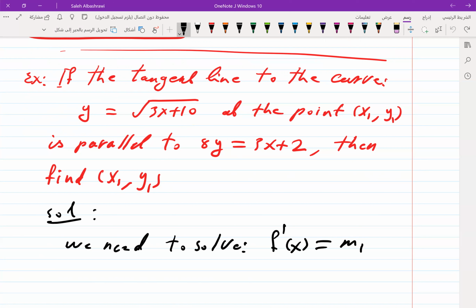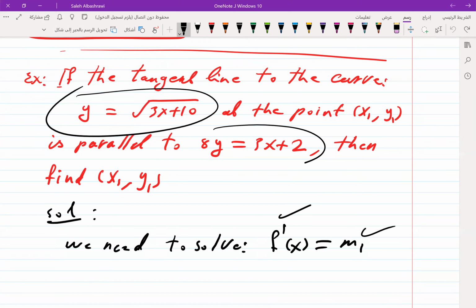So I have to find f prime from the first one and m1 from the line given there. This will give me m1 or m2 because they are parallel. This will be the same.